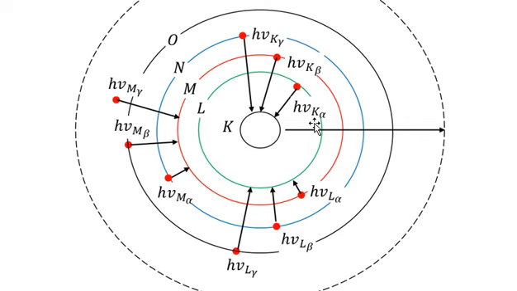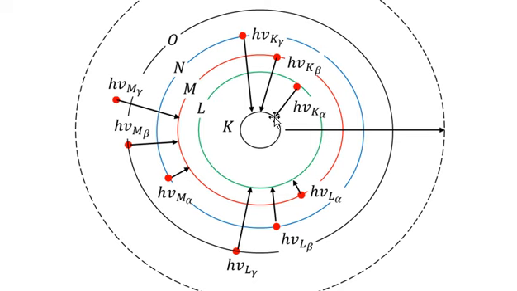For example, the hole vacancy in the K shell will be filled by an electron from this L orbit. When the electron jumps to the K shell, towards the hole which has the higher binding energy, an X-ray quantum of energy h nu K alpha will be emitted.